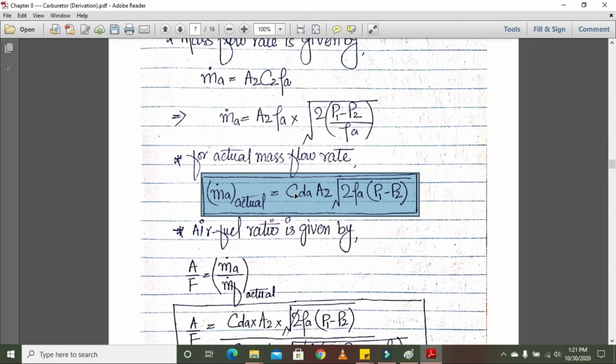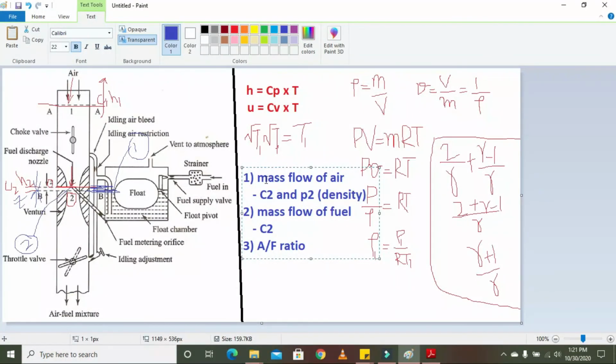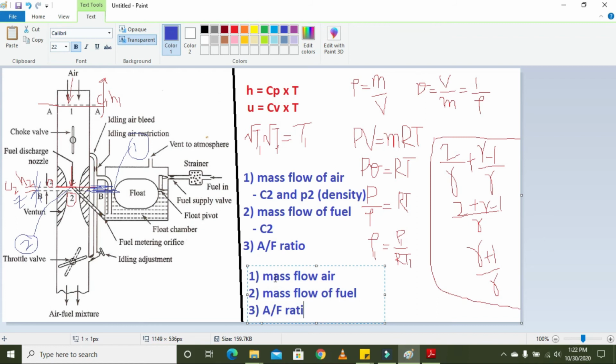So you will have to do the first derivation, in which you have to calculate all of these things. But when we are talking about the second derivation, you will derive the relation for the mass flow of air, for the mass flow of fuel as well, and then you will do the calculations for the air fuel ratio.